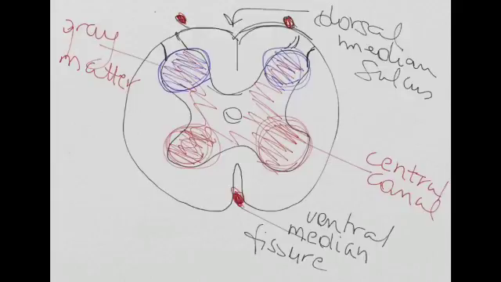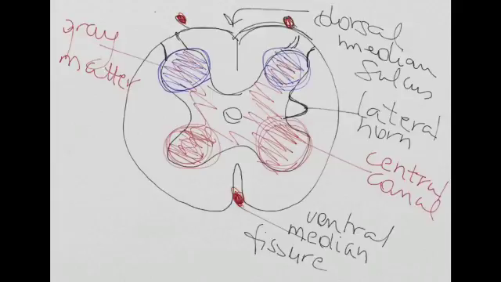At some level of the spinal cord, we also have a third horn, the lateral horn. The lateral horn contains autonomic fibers and motor fibers, or motor nerve bodies as well.